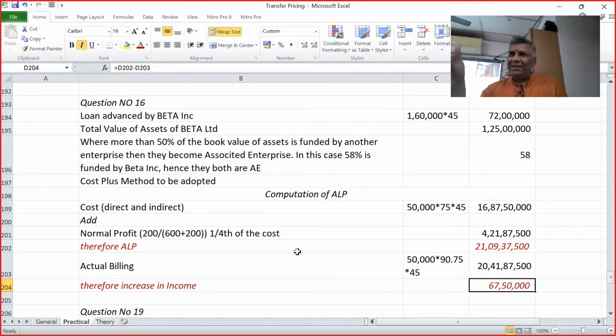This money should have come to India. Not only is there a mismatch of income, there is a mismatch of cash flow. This money, either you have paid more or received less.